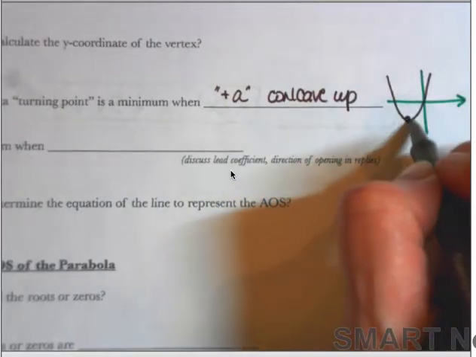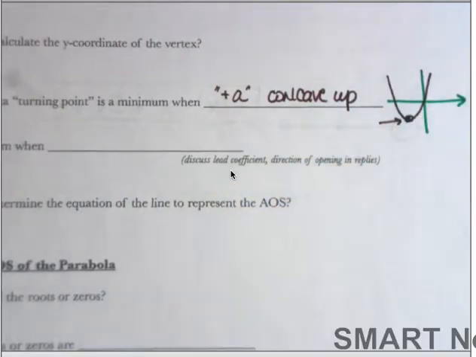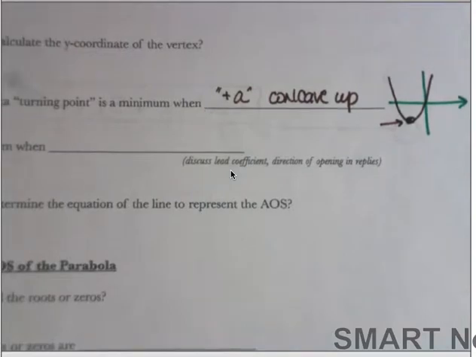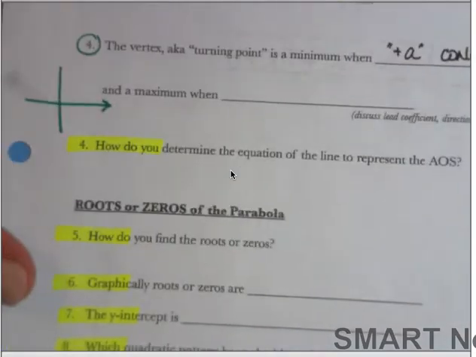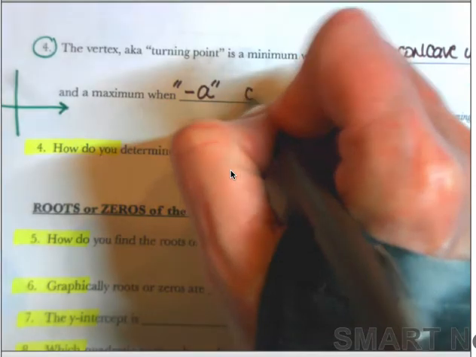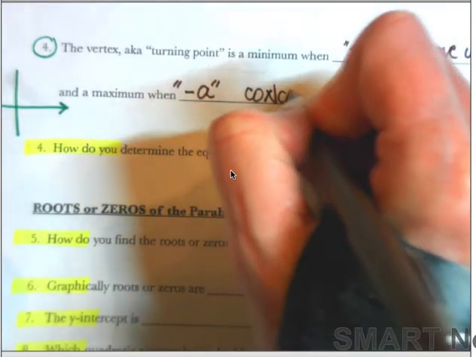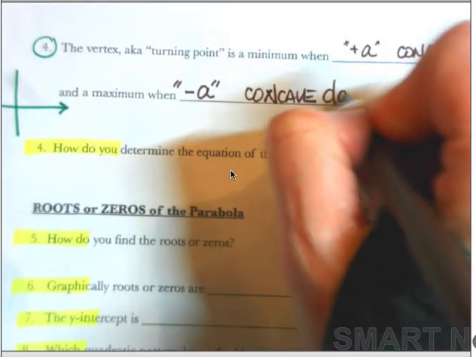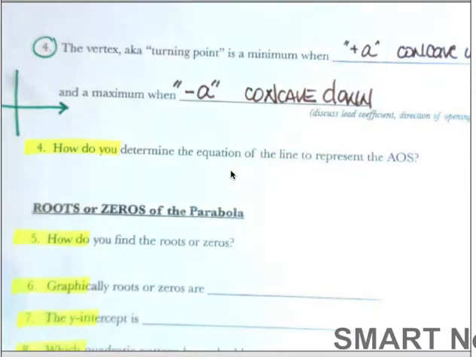This would be a minimum value or a minimum point. And then it's considered a maximum when the lead coefficient's negative, when A is negative, and when the graph is concave down, then the vertex sits at the top and it's a maximum point.